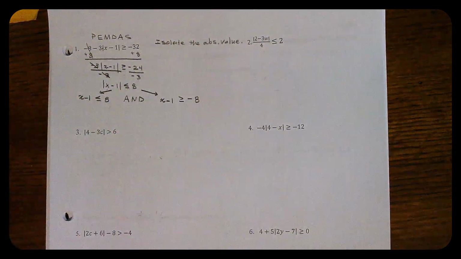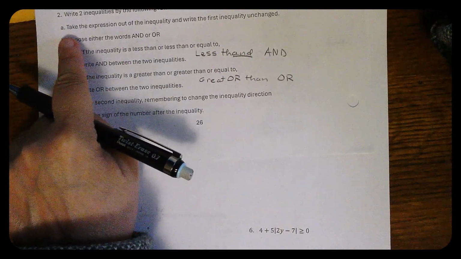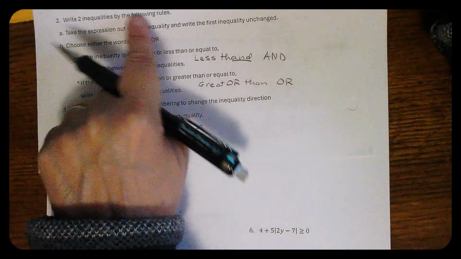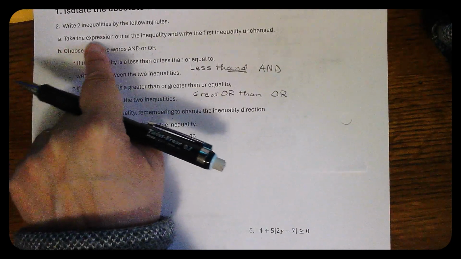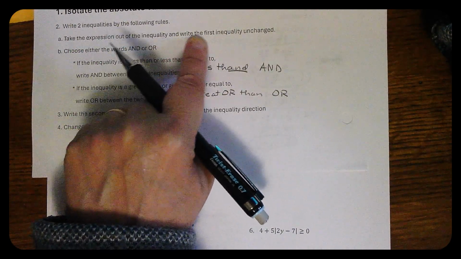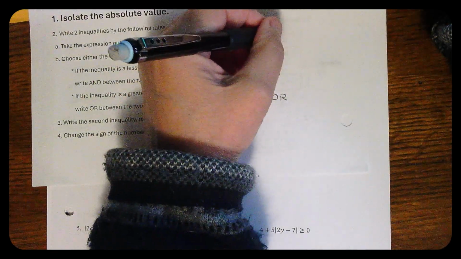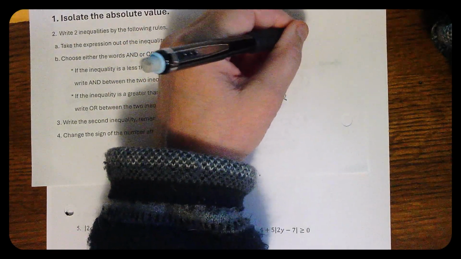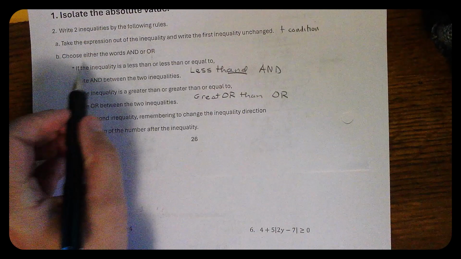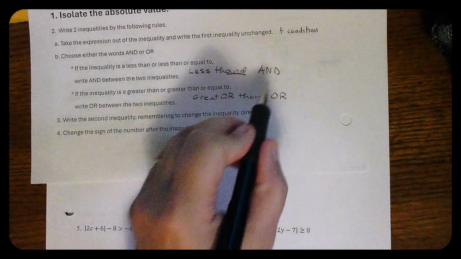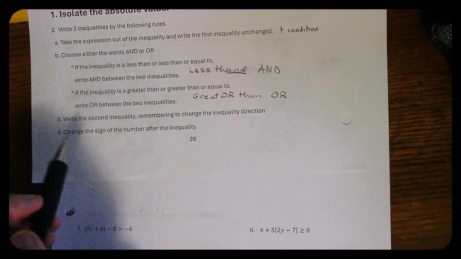Okay, so what just happened? So you can look back at this. Okay, so you write two inequalities by the following rules. First, you take the expression out of the inequality and write the inequality unchanged. That's the positive condition. And then you choose the words and or, and we chose and because it was less than.